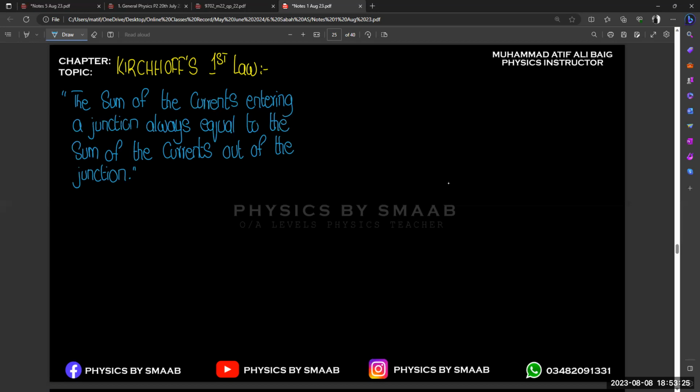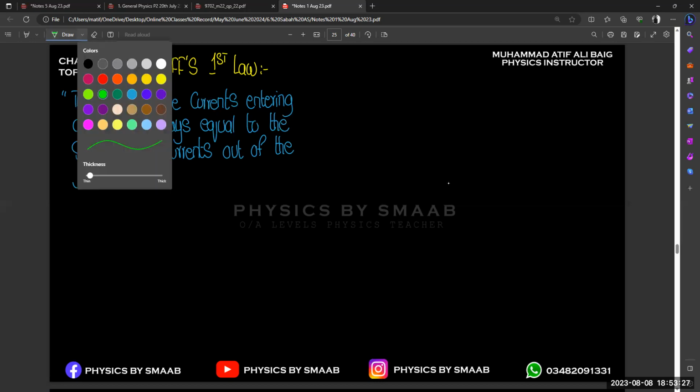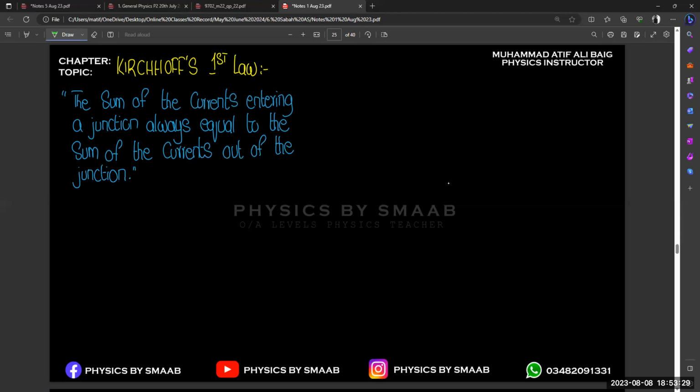And if we want to define what is a junction and what is a branch, let's first talk about the junction. The term junction is also used on railway tracks for a specific station, this junction or that junction. So actually it is a point where at least three circuits, or we can say three different paths, connect, right?